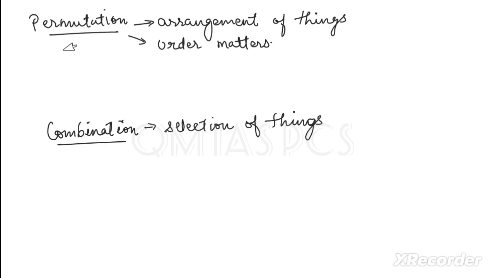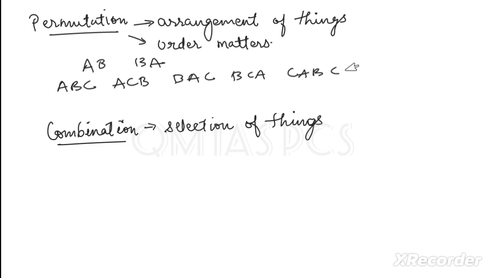What is permutation? Permutation means arrangement of things, and here the order matters. For example, right now we have done A then B or B and A. Or if 3 persons are there, we can write ABC, ACB, then BAC, BCA, or CAB, CBA.